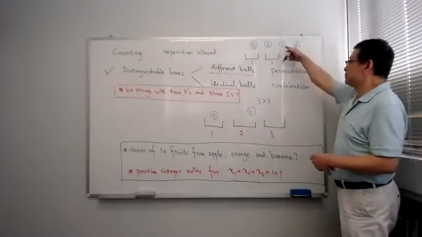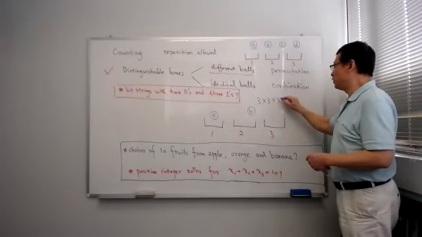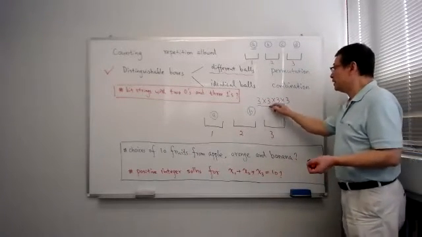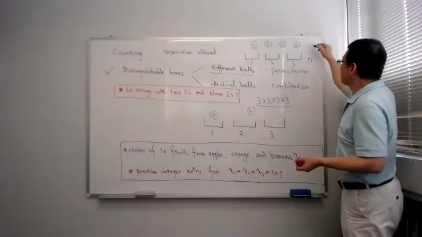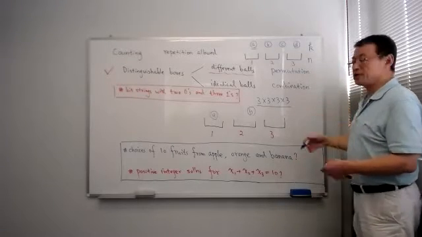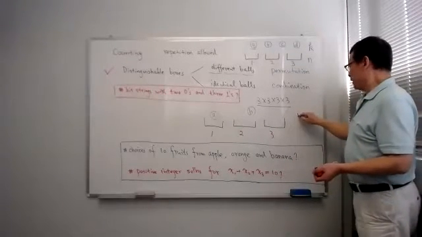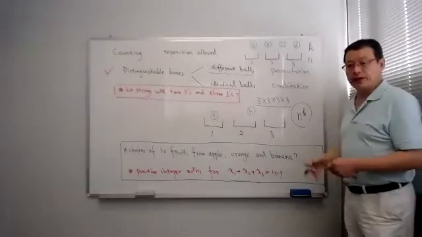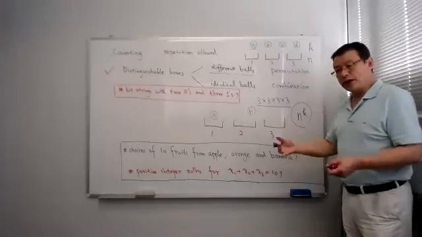Similarly for C and similarly for D. We know how to do it already. So if there are n boxes and k objects, it will be just n raised to the power k, which we know how to do using the multiplication rule.